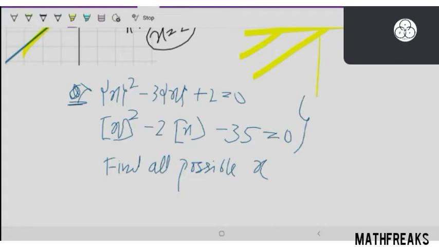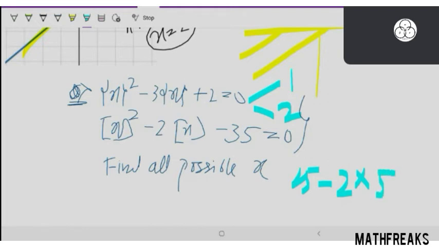This is very easy. Just solve this equation. This has two roots, 1 and 2. And this has minus 5 and 7.